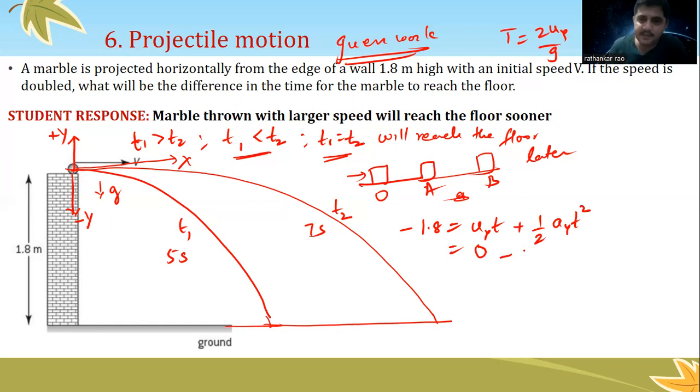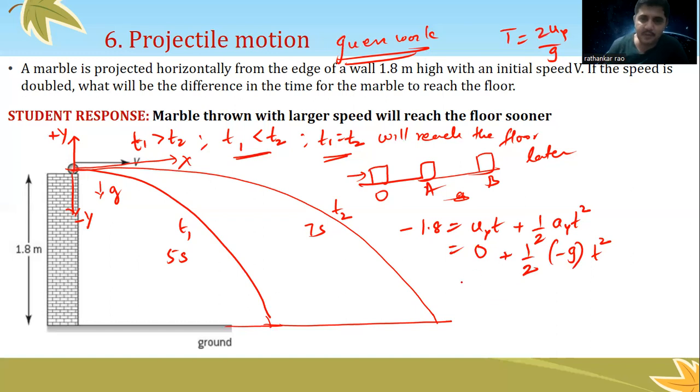Plus half into ay. What is ay? It is g, because the only force acting here is gravity. Its direction is downwards, so should this be plus g or minus g? This should be minus g, so this is minus g into t square.